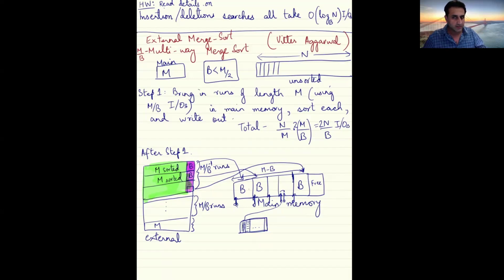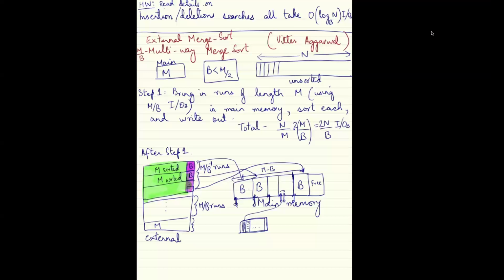You run it the way I told you: you pay that many IOs, you sort each chunk of size m, then you bring in the first m over b blocks. It's not really recursive in that sense. It's going bottom up. Okay. Got it.